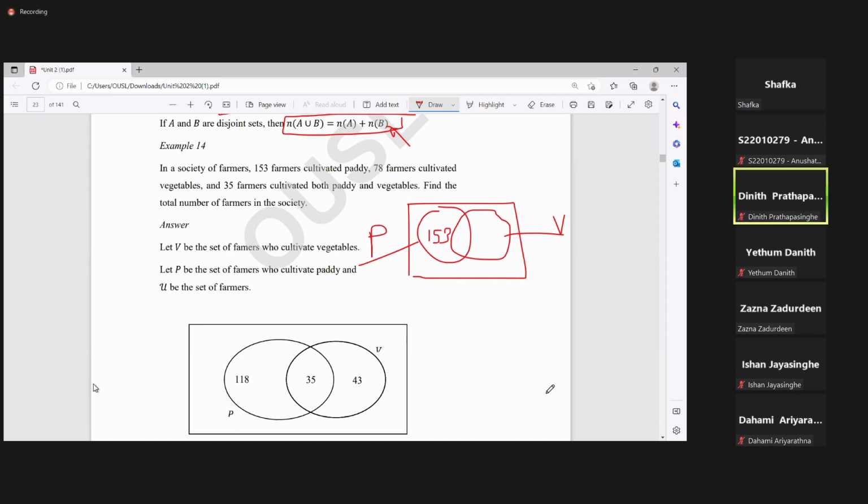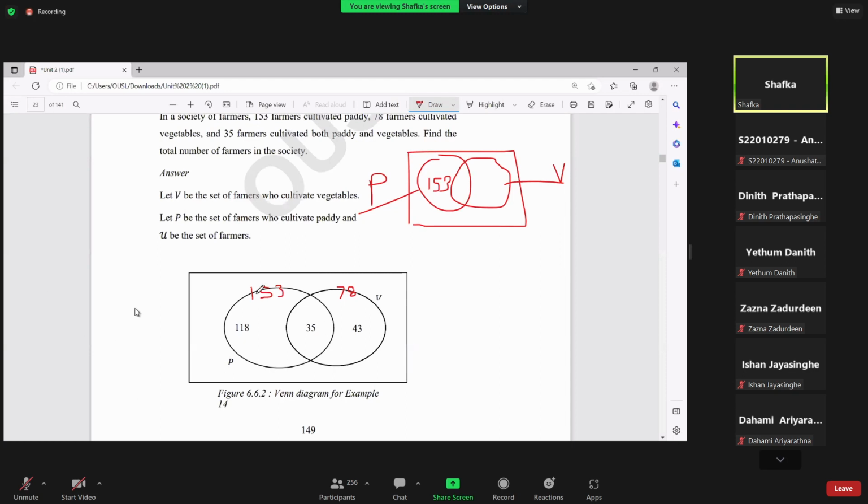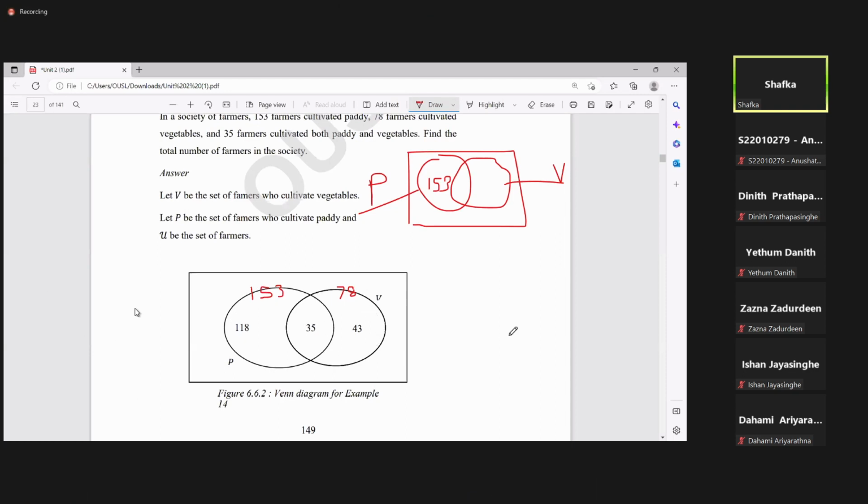No. That should be the total number of farmers that cultivated paddy, and 78 is the number of farmers that cultivated vegetables. This whole region represents 153 and this whole region represents 78.